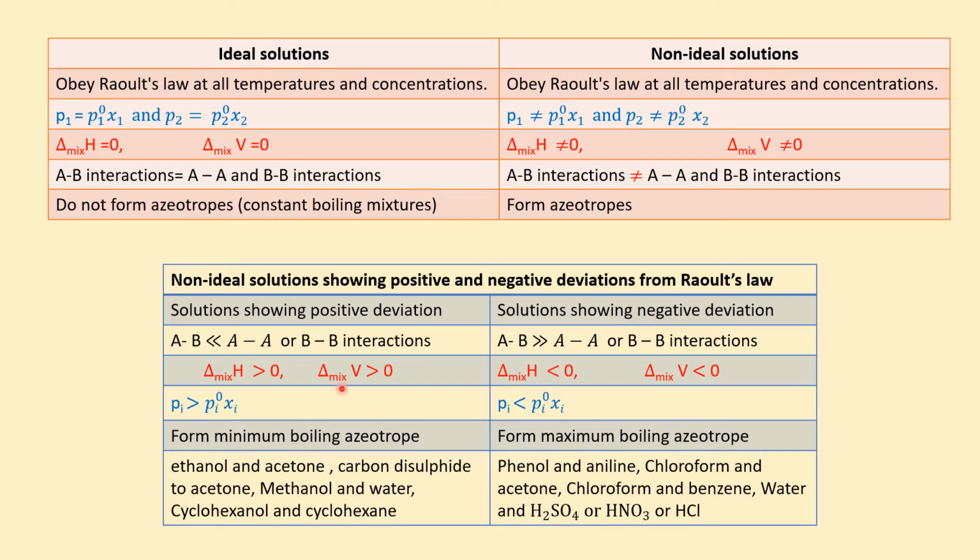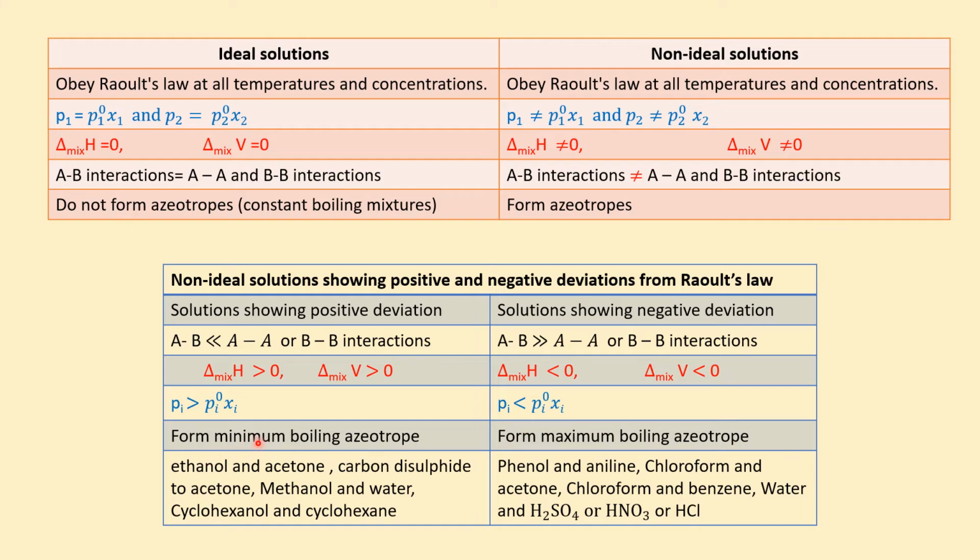In the case of positive deviation solutions of non-ideal solutions, the vapor pressure Pi is greater than Pi naught into Xi, whereas in case of negative deviation solutions, Pi is less than Pi naught into Xi, where Xi is the mole fraction.